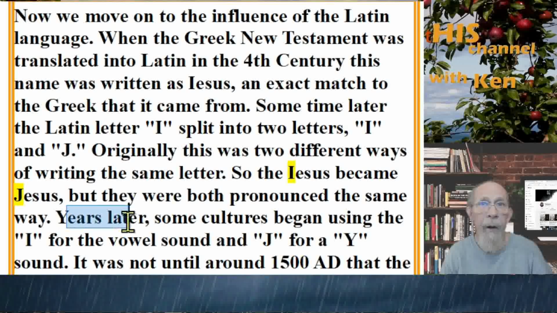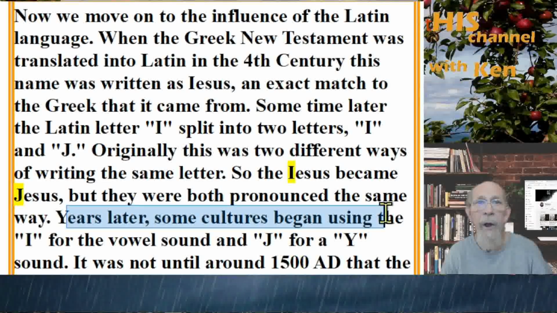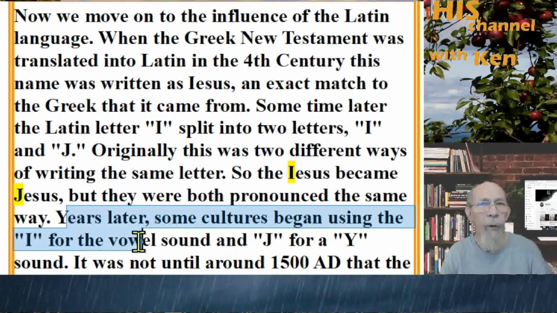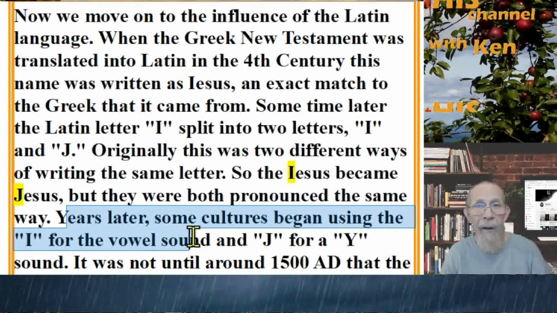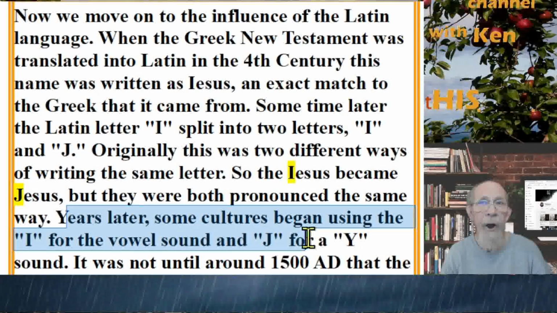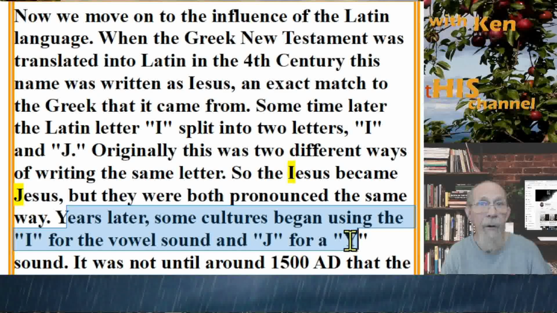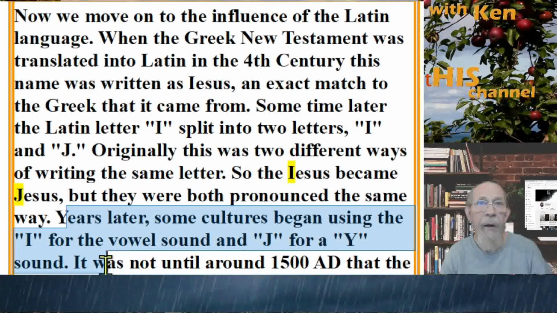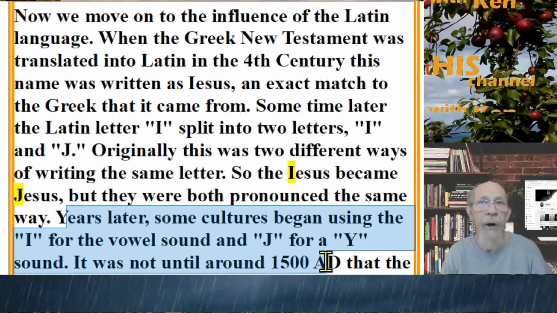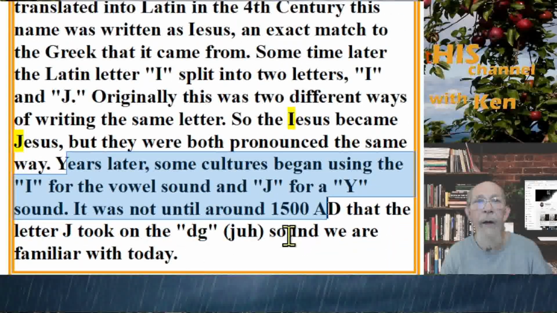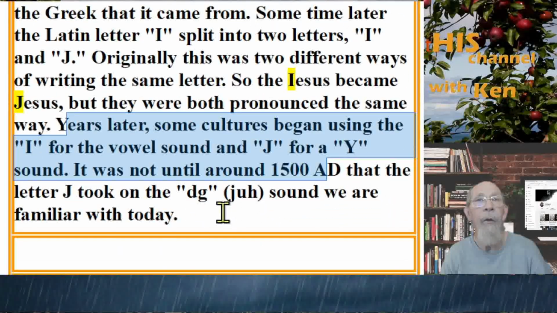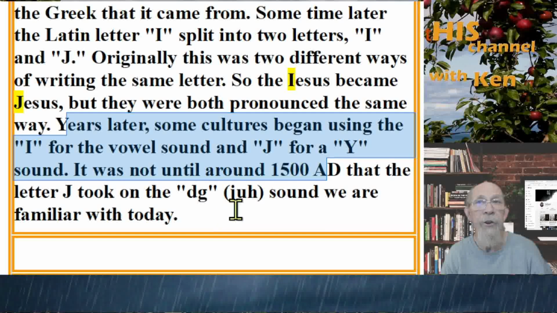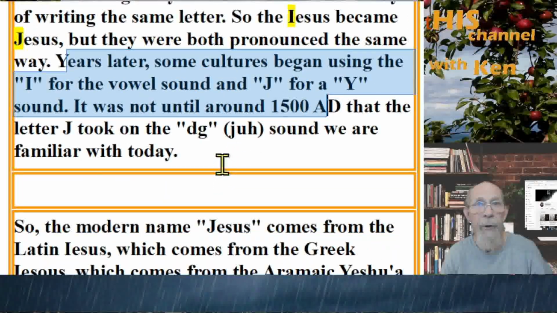Years later, however, some cultures began using the I for the vowel sound, I or E, and J for a Y sound. It was not until around 1500 AD that the letter J took on the J, the DG sound that we are familiar with today.